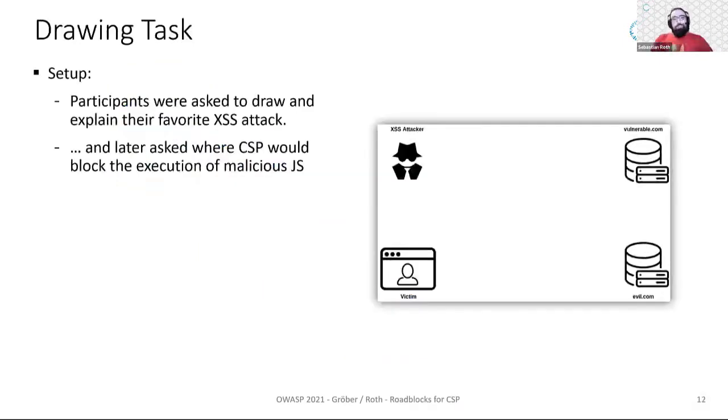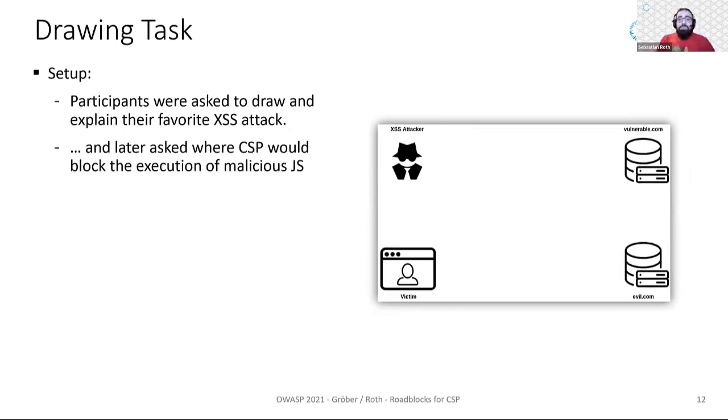But let's first focus on our drawing task. In this drawing task, the participants got a blank sheet as it is displayed on the right side. This sheet contained 4 stakeholders that might interact with one another during a cross-site scripting attack.